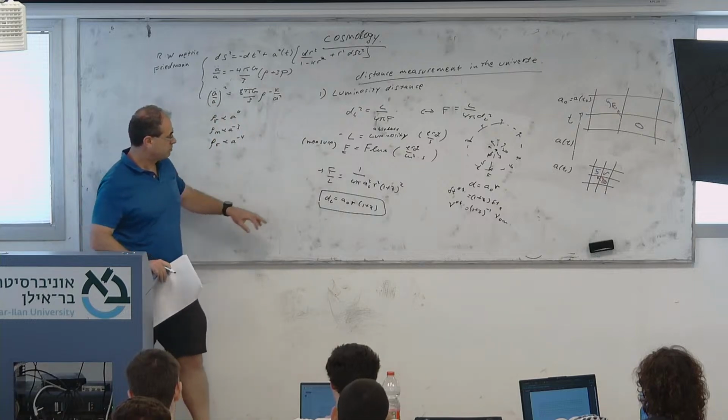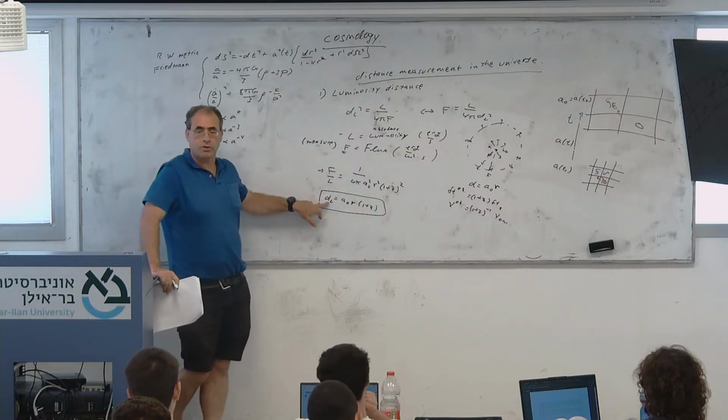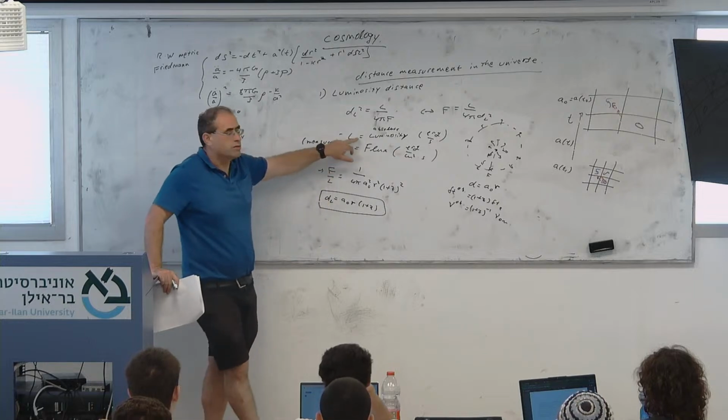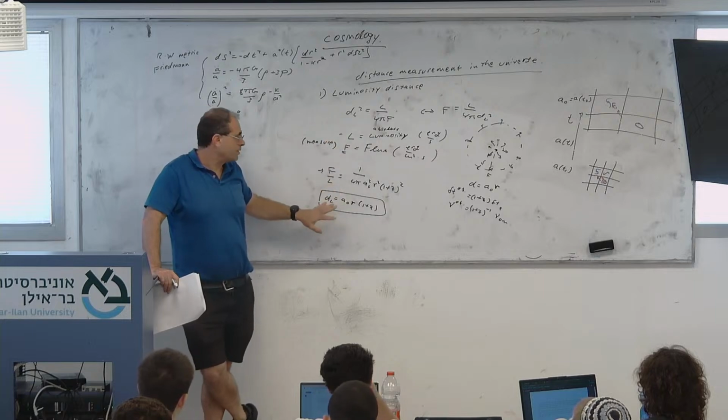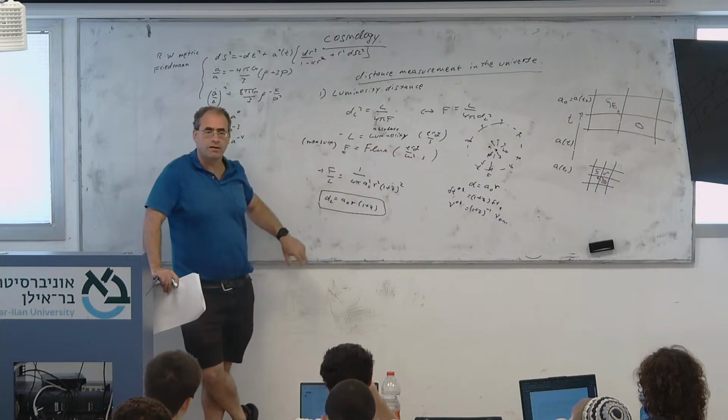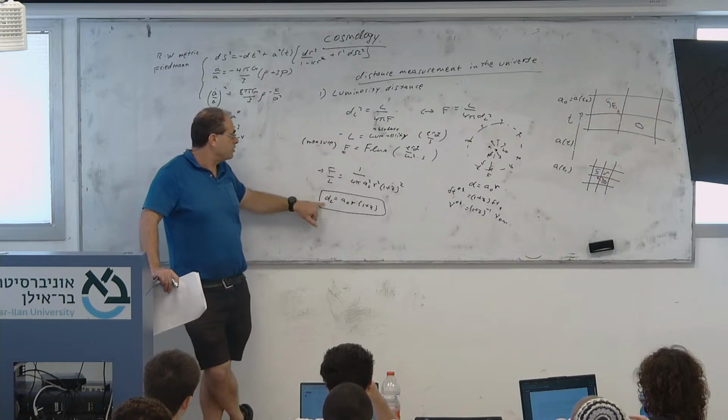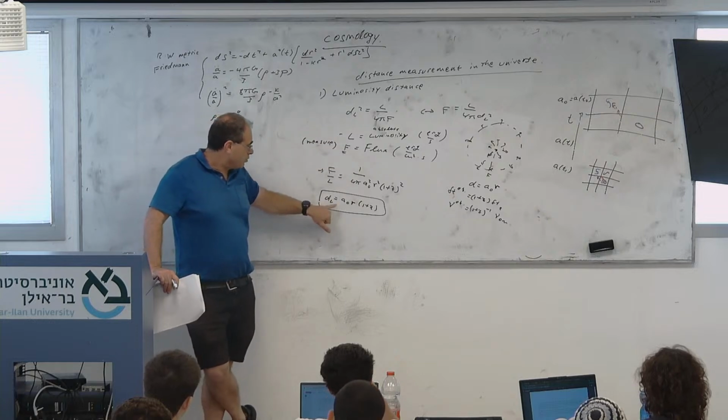So this is something we can measure in principle, assuming we know the luminosity. We know enough about various astronomical objects that we can have a good idea of the luminosity. But we still don't know r.